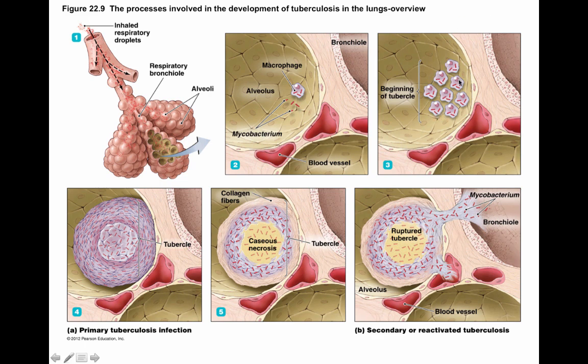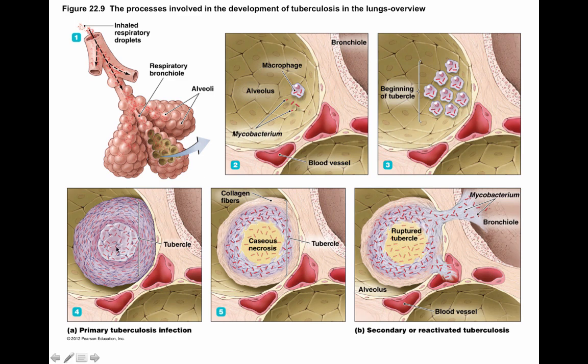So this is incomplete phagocytosis, all right? The bacteria are not digested, so they're not destroyed inside the macrophage. The macrophage cannot kill these bacteria. And so what happens is the macrophage remain in the lungs, holding these bacteria inside.